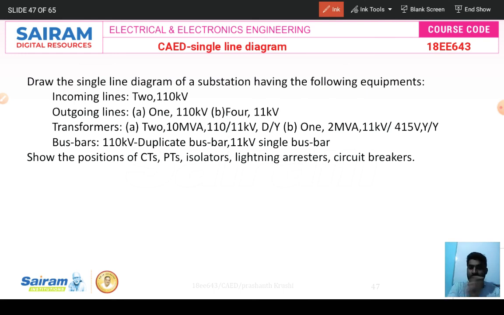So one outgoing line from the 110 kV bus bar, and 4 outgoing lines from the 11 kilovolt bus bar. The transformers are 10 MVA, 110 kV to 11 kV, delta to star, and one 2 MVA, 11 kV to 415 volts, star to star, with a duplicate bus bar at 110 kV and a single bus bar at 11 kV.